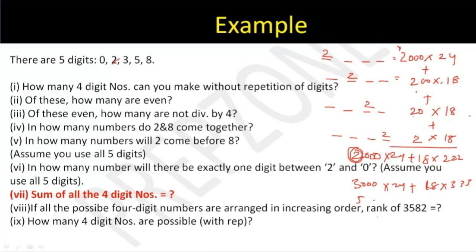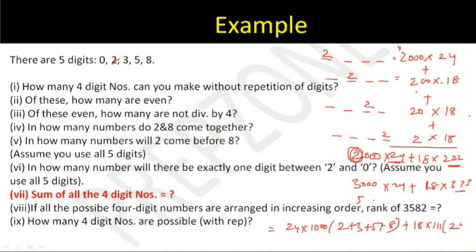So if you have to finally calculate it, from here you will take 24,000 common. So this is 24 into 1000 into 2 plus 3 plus 5 plus 8, plus you will take 18 common: 2, 2, 2, 3, 3, 3, 5, 5, 5, 8, 8, 8. So you can take 1, 1, 1 common as well.